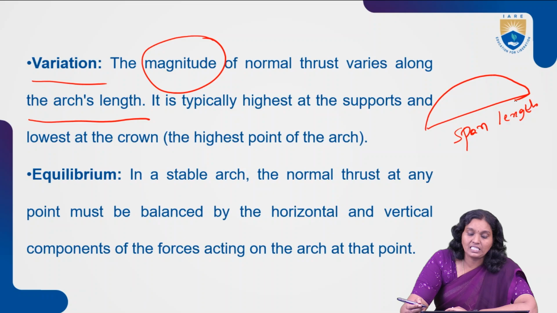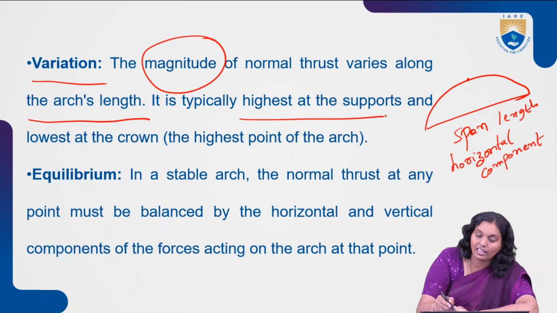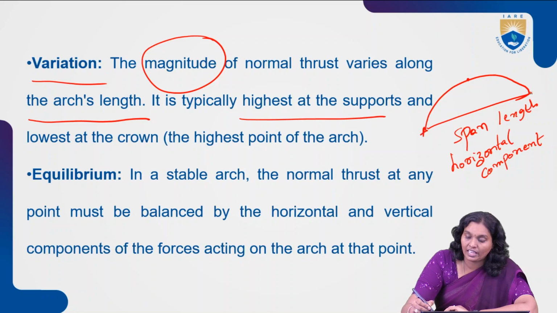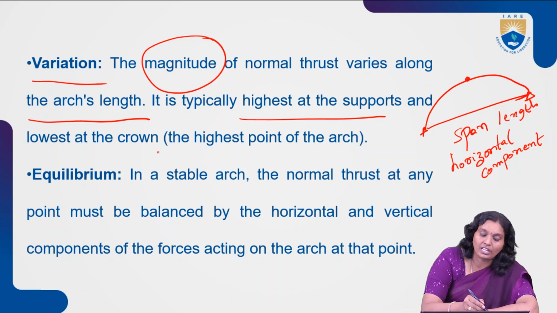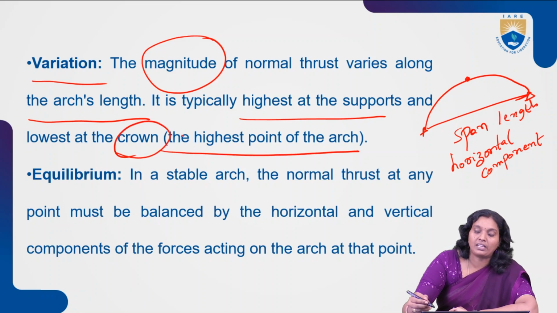It is typically highest at the supports and lowest at the crown, because the normal thrust is nothing but the horizontal component involved here. That's why it is highest at the arch supports, wherever the supports are. At the crown it is lowest. The crown is the highest point of the arch.